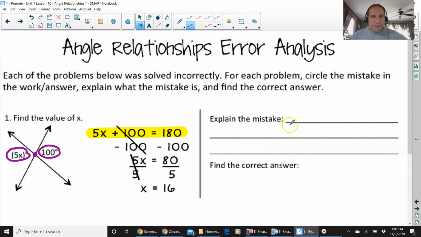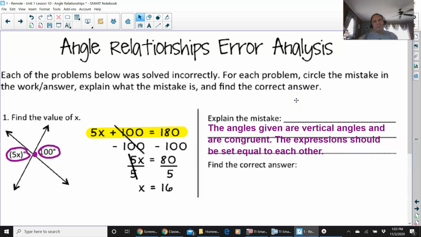The angles given are vertical angles. So if they're vertical angles, are these angles, when you add them up, equal to 180 degrees? Or are they congruent? If you said they're congruent, that is correct. So the angles are vertical angles and are congruent. The expressions should be set equal to each other.